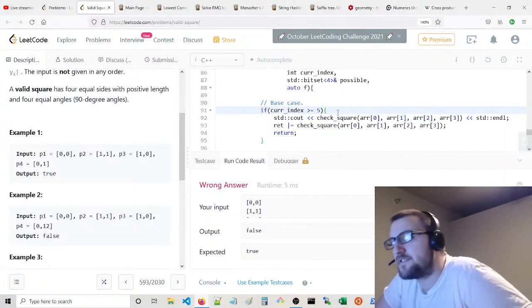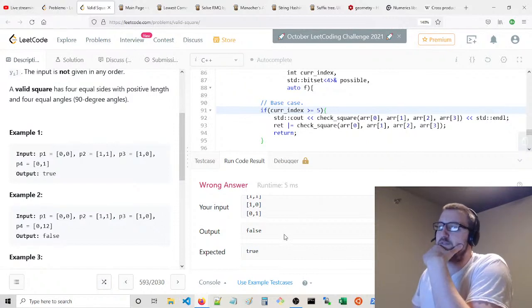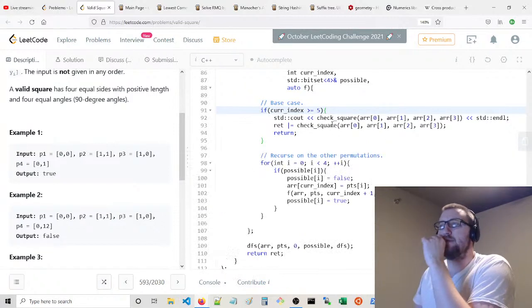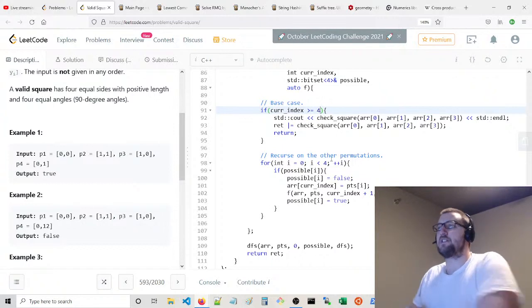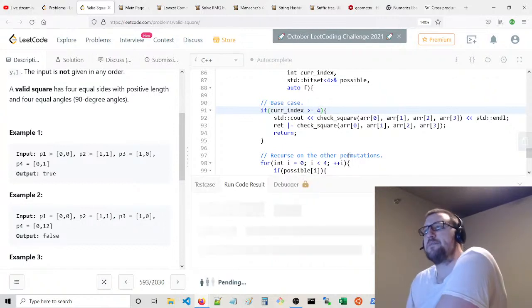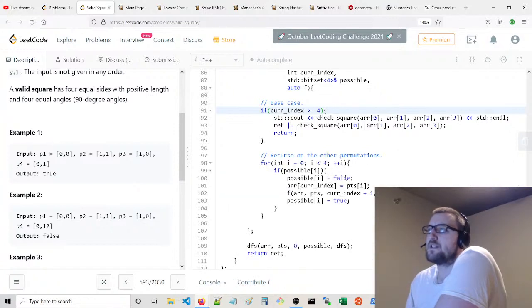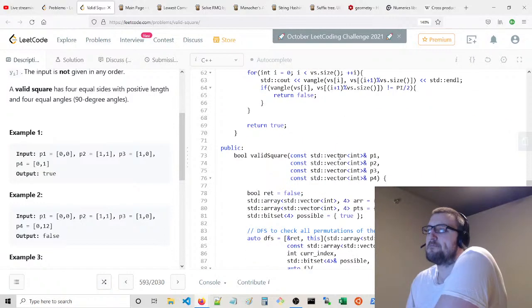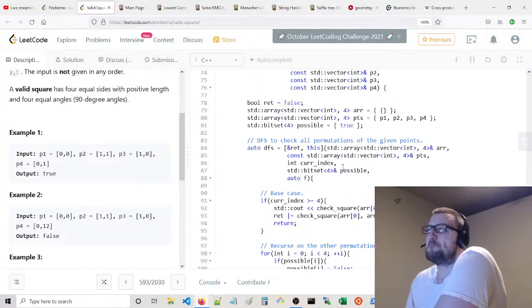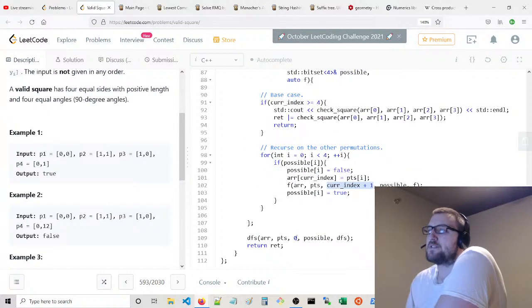How many times does this get called? Okay, well, that explains some things. I think it's got to be greater than or equal to 4. Might be the issue. Really? Starts off at 0. Give it a 1. Possible.